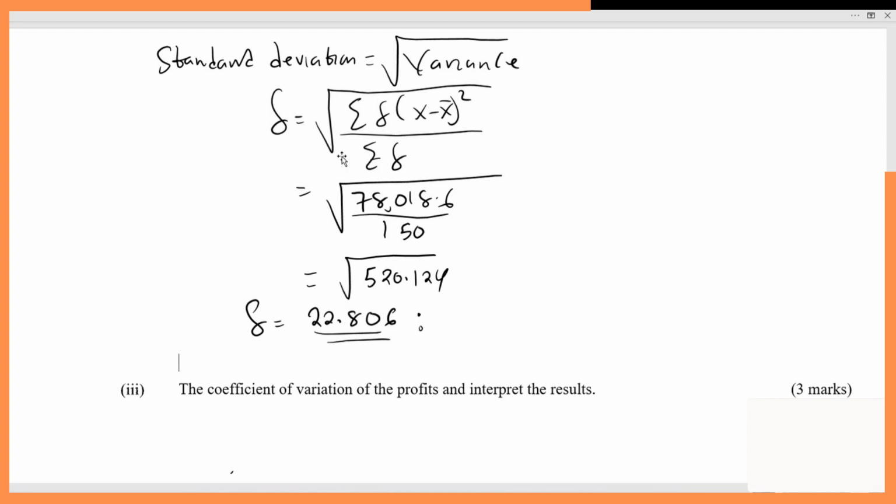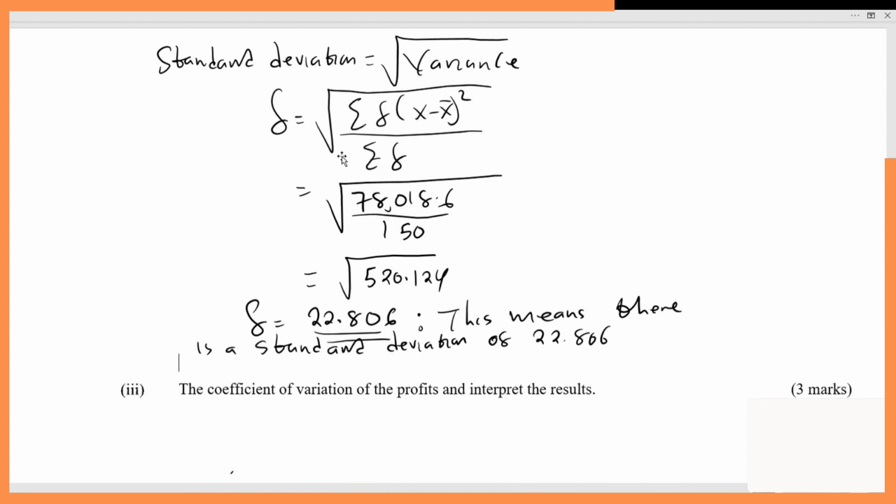You are asked to interpret. Therefore, this means there is a standard deviation of 22.806 million. Remember, the profits were in millions.